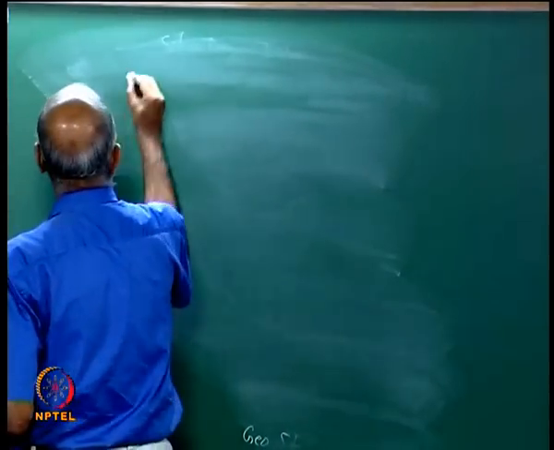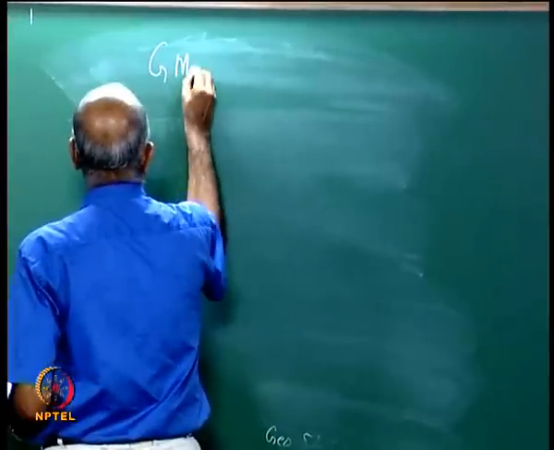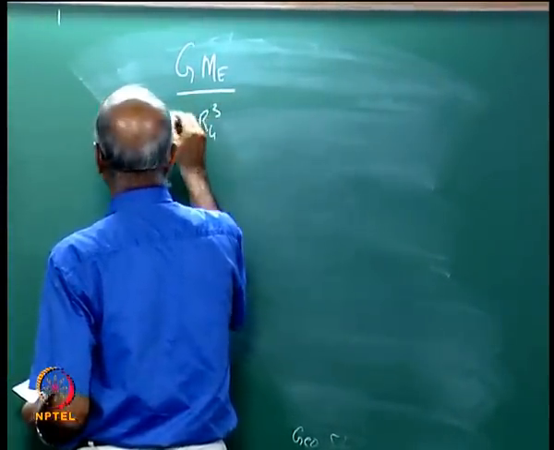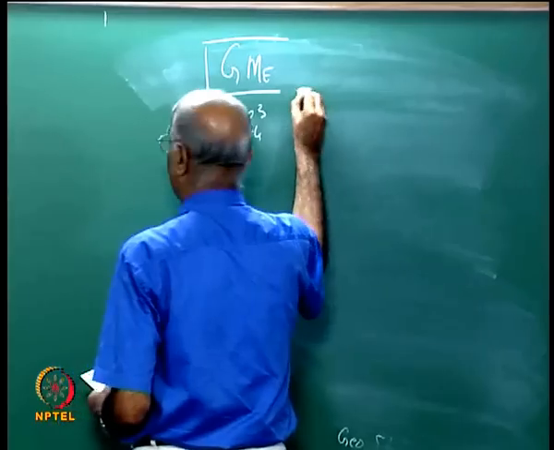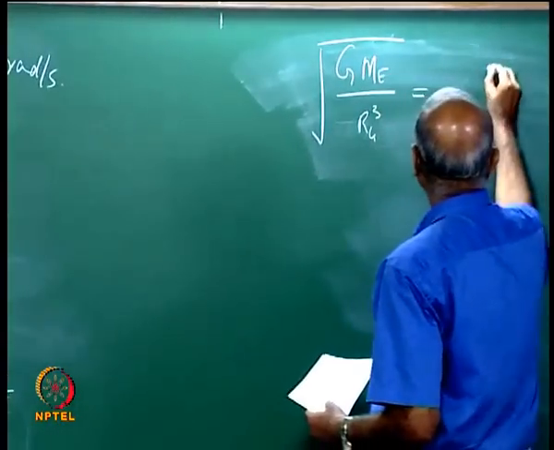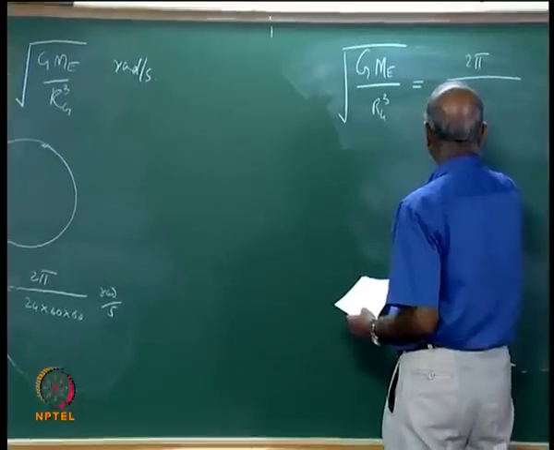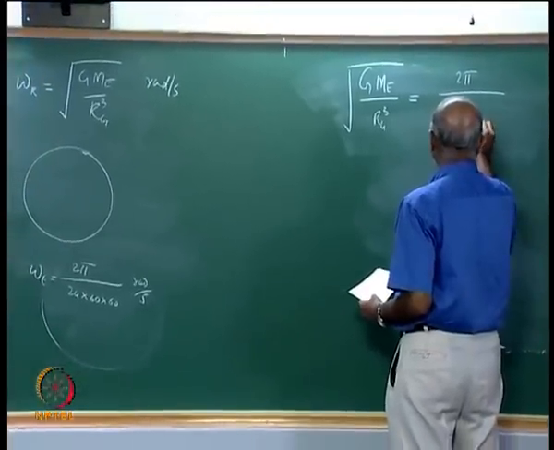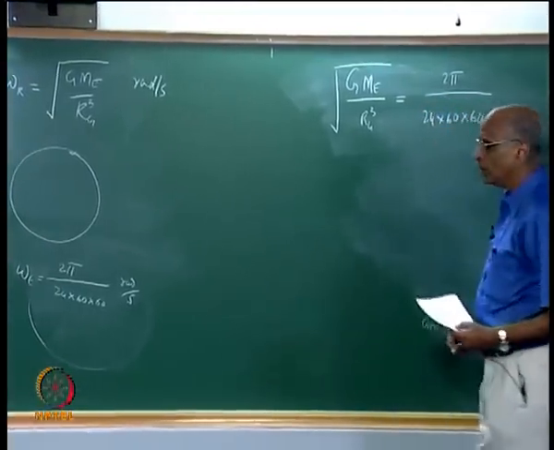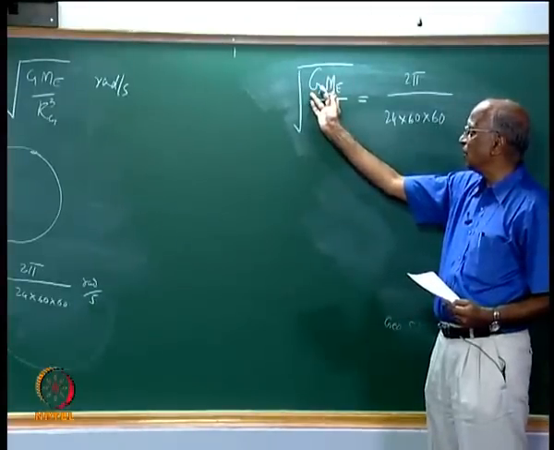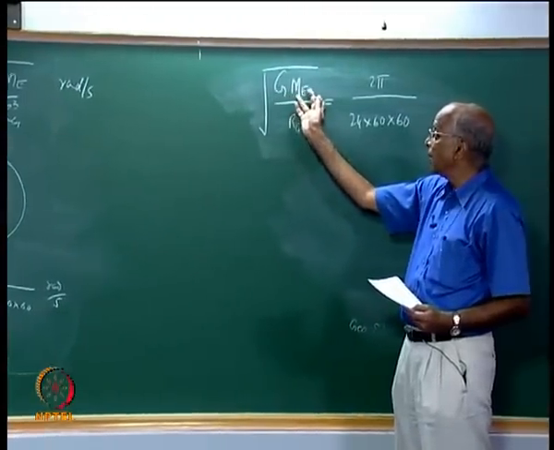I get the square root of g me by rg cube is equal to 2 pi divided by 24 into 60 into 60, and you know the value of the gravitational constant is 6.670 into 10 to the power minus 11.